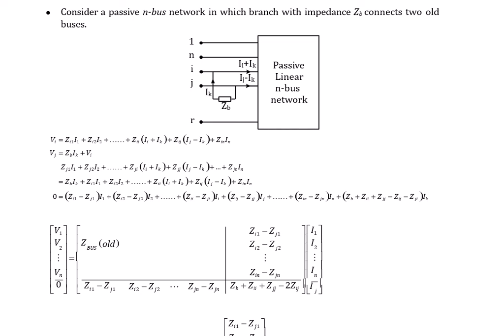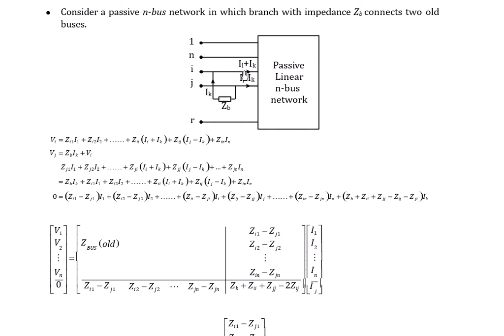Current IK plus II flows through the bus I, and current IJ minus IK flows from here. And current IK flows from here, from the ZB. If we form the formula for the voltage, then this is the formula.